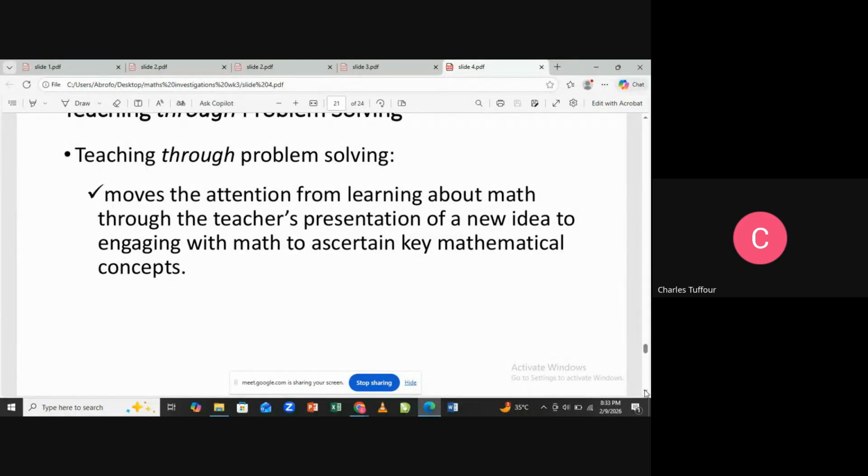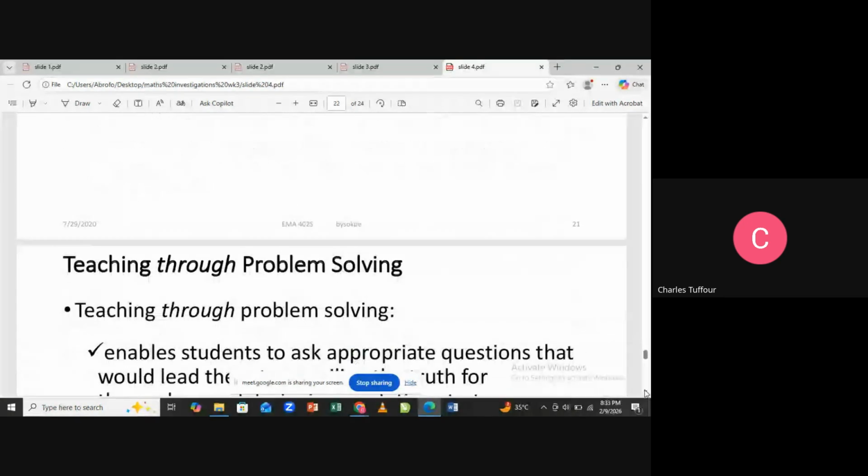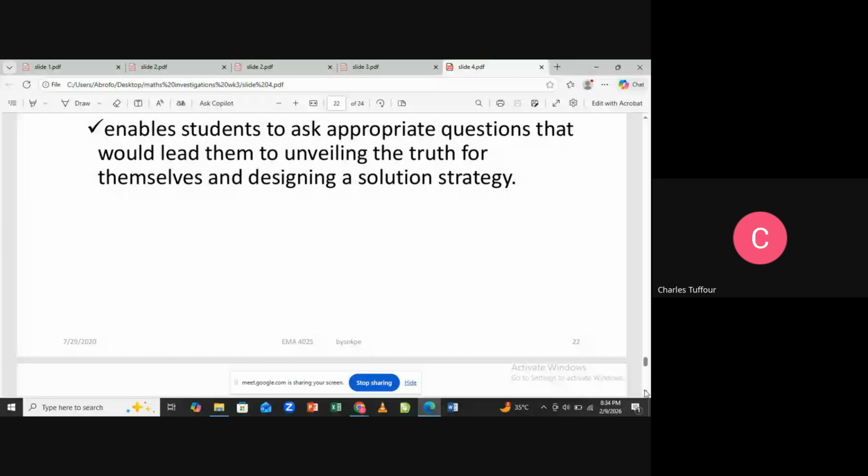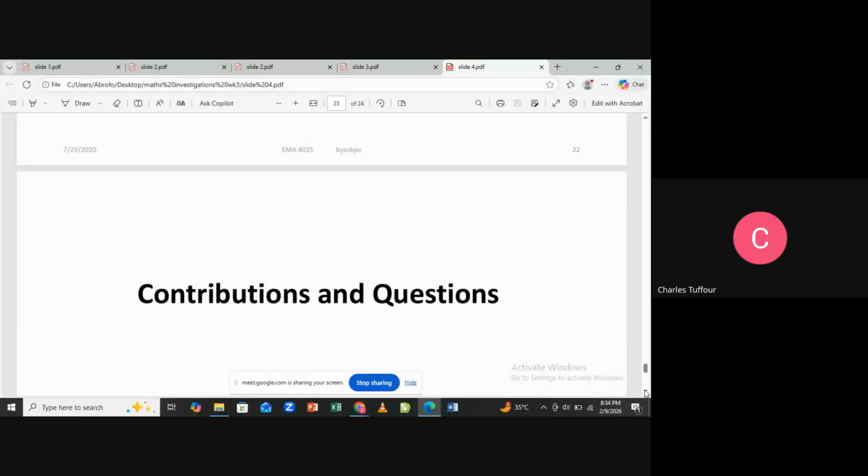So we move from the teacher giving the new idea to the learners. Rather, the students find those new ideas themselves. Teaching through problems enables students to ask appropriate questions that will lead them to unveiling the truth for themselves and designing a solution. They ask questions that will help them to solve the problem, their own problem.